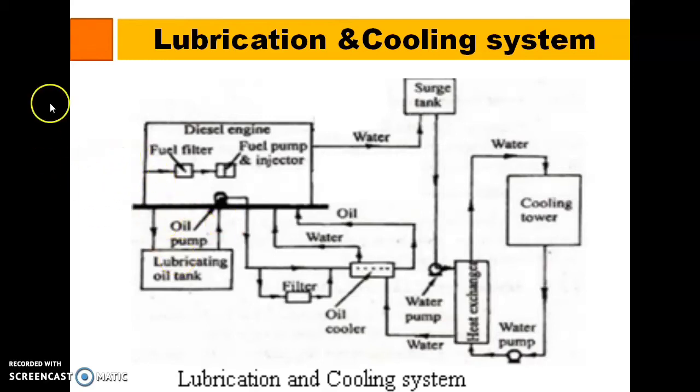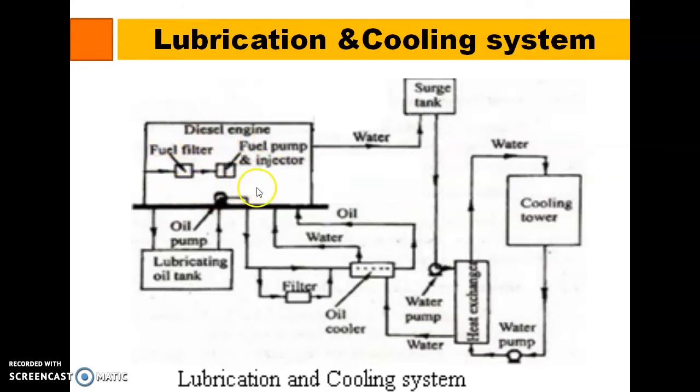So for this purpose, this lubrication system is used. Some oils are used as lubricants. It will be passed through this pump to the parts of the diesel engine, and the oiling is done.